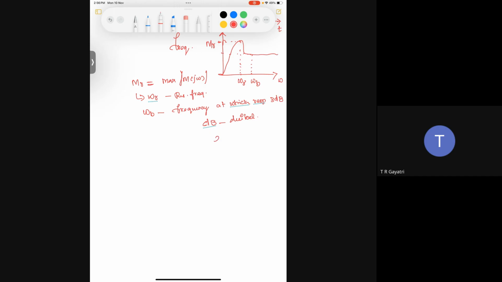It's a standard way to represent, because it is convenient to use the log magnitude in frequencies rather than the normal scale. Another name for omega b is the cutoff frequency. Bandwidth frequency and cutoff frequency are the same.